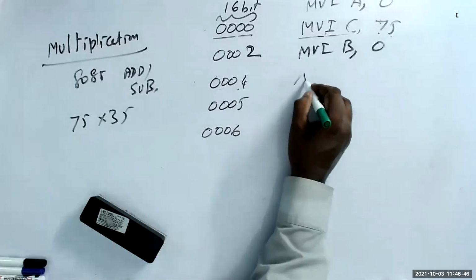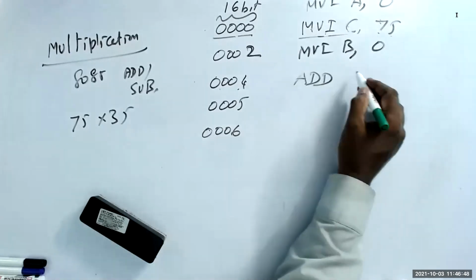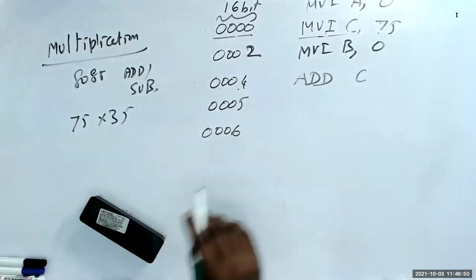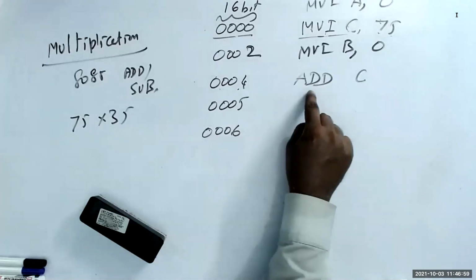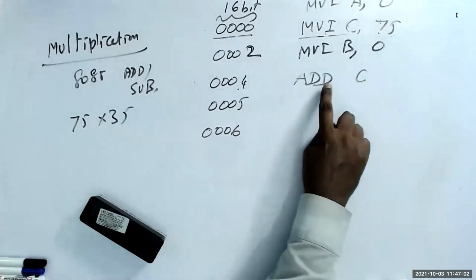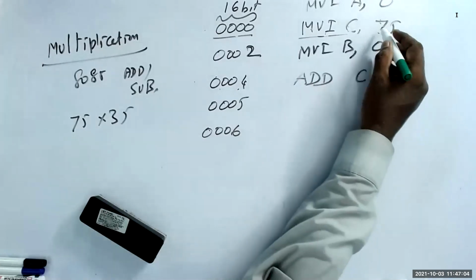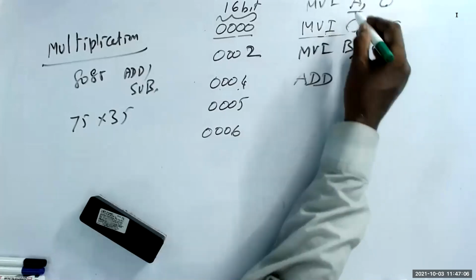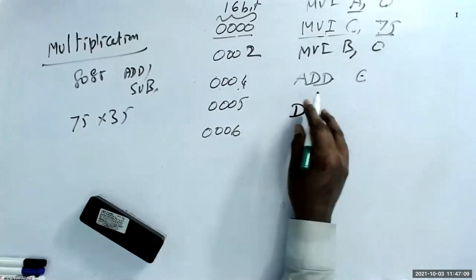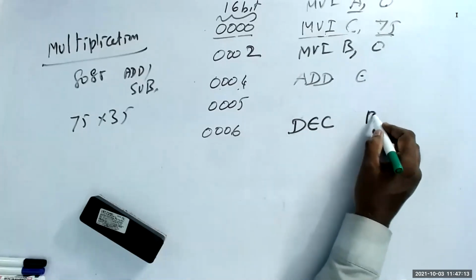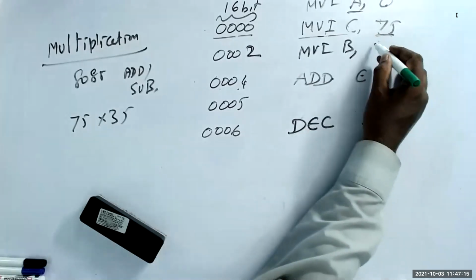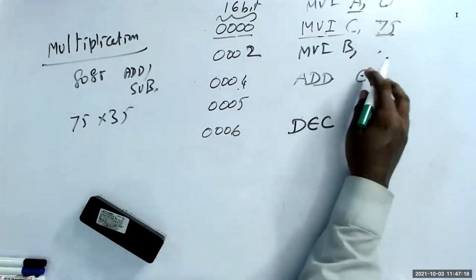Now I'll say add C. I'm adding C. You understand now? I'm adding C. C has 75, A has 0. I'm adding now. I'm decrementing. B is 35. Sorry, D is decrementing.